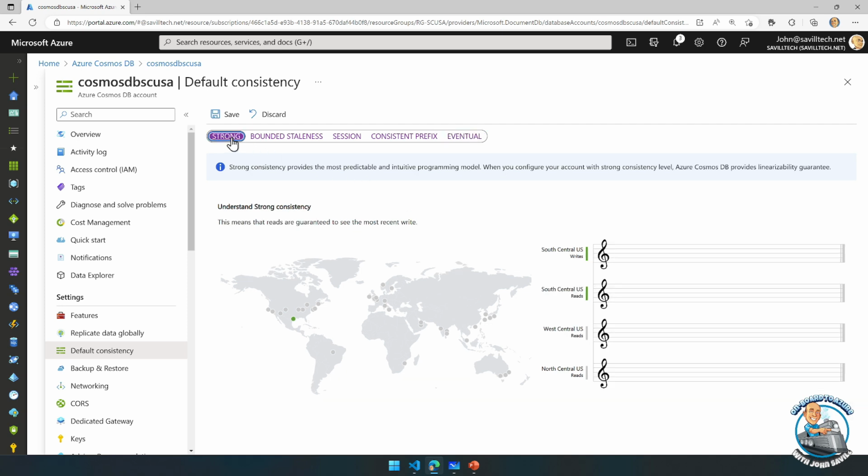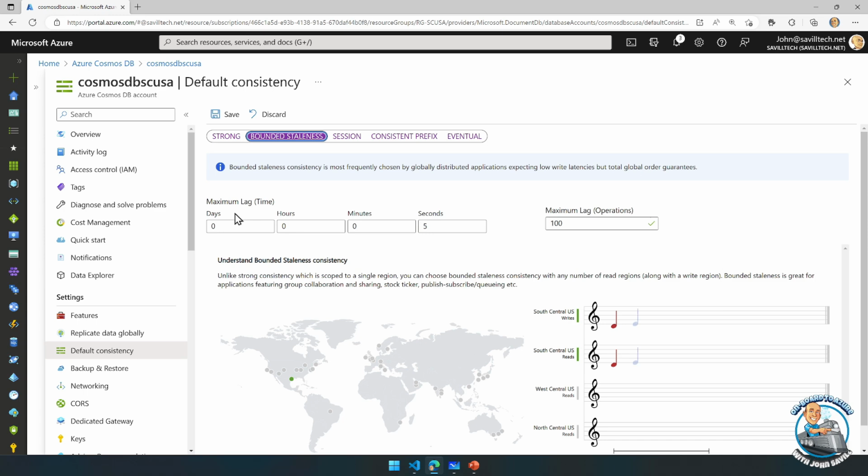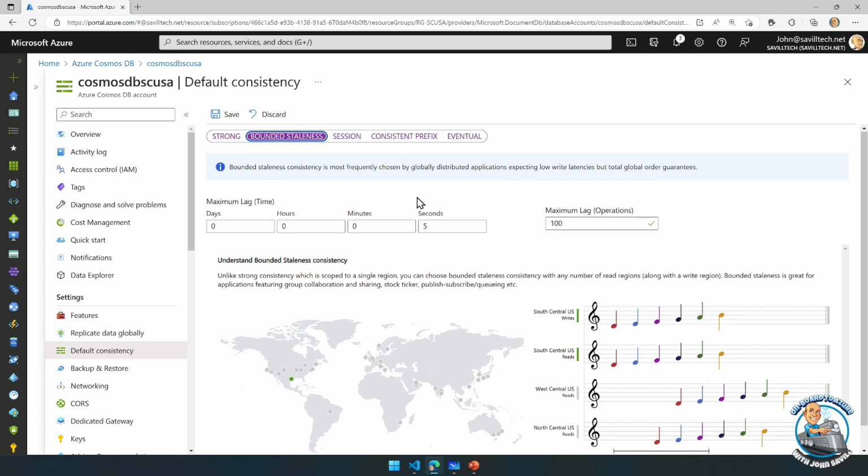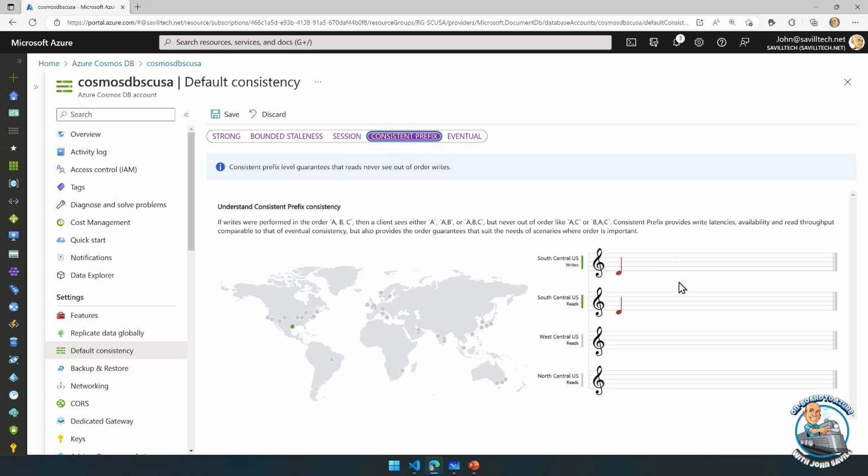If I say strong, it's going to be the same. As soon as I do the write, they would then see that and they would read that data. There's no inconsistency between them. Bounded staleness, I give it a lag time. So what is the amount of time it's allowed to delay by? Consistent prefix, well, it really comes down to, I'm guaranteed just within that certain element that I'm having. You can see how it goes out.